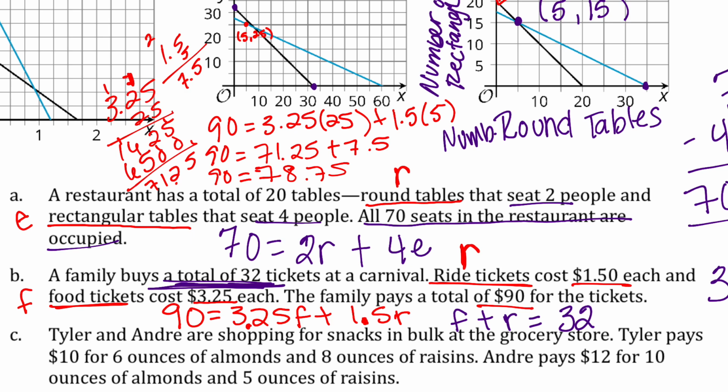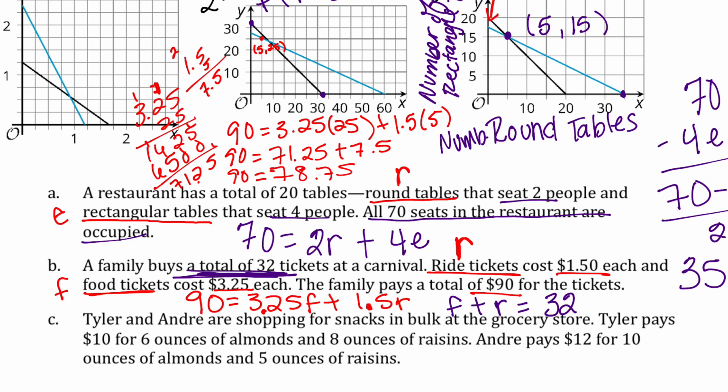So our x-axis is our F. No, our x-axis is our R because the 1.5 was times by the 5. So our x-axis is the ride tickets, and our y-axis is the food tickets.